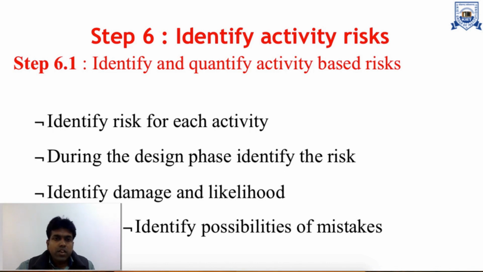Then, during the design phase, we identify the risk, and due to these risks, damage can be done. So we can identify these damages and recover accordingly. Identify possibilities of mistakes due to these risks.